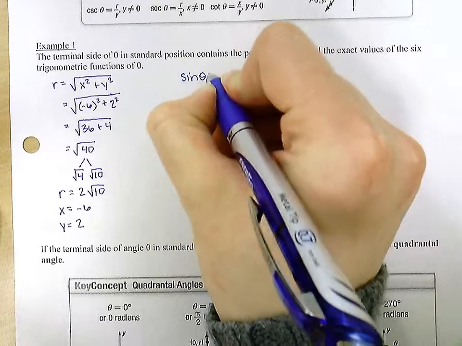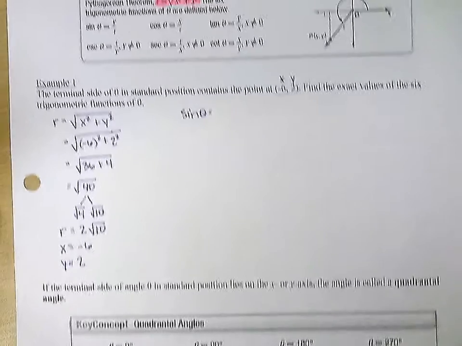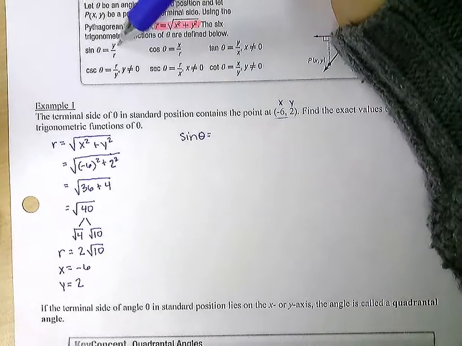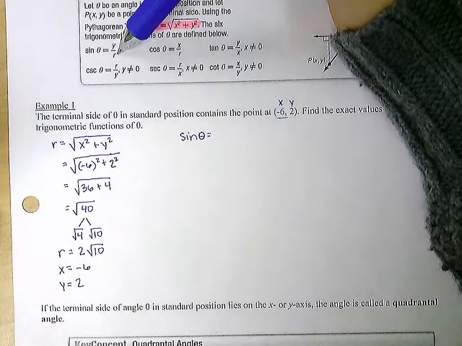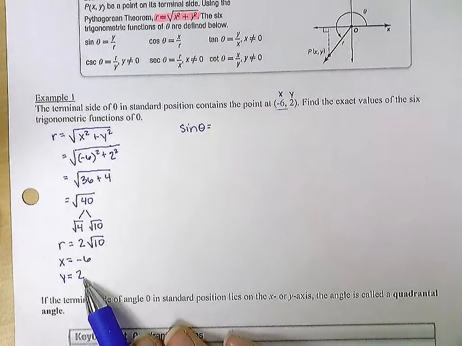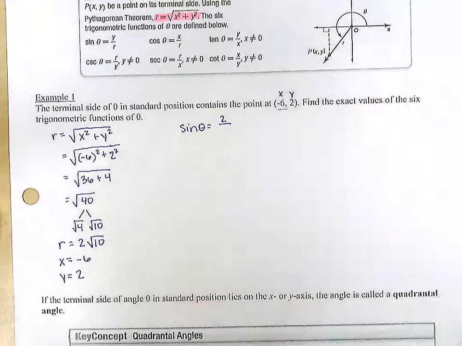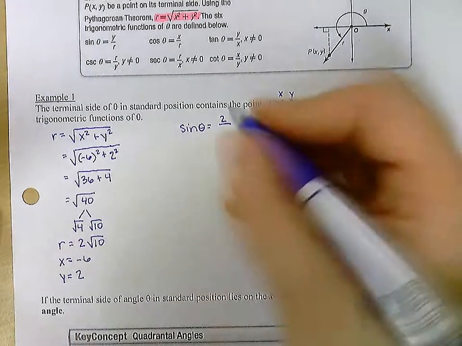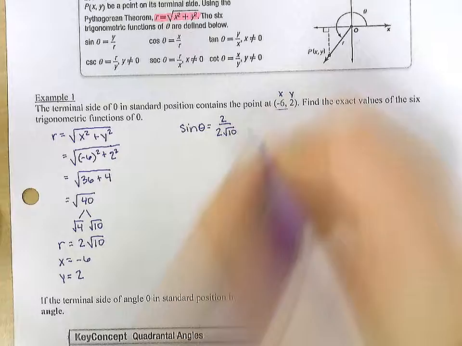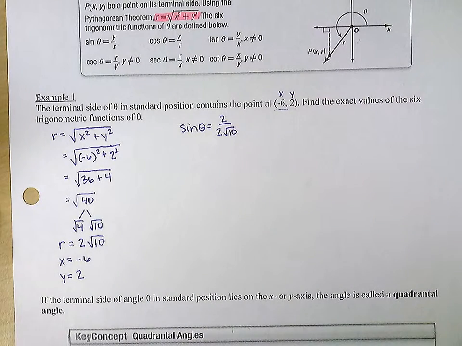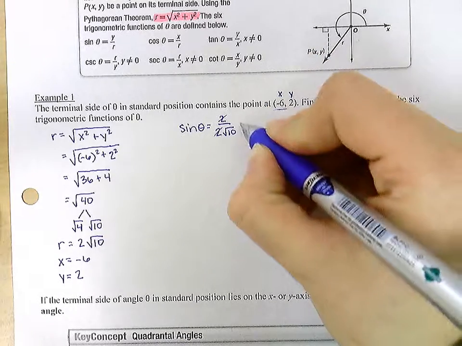So I have sine of theta, which is equal to y over r. I'll take our y value of 2 over r, which is 2 square roots of 10. If I have 2 over 2, what happens? They cancel.